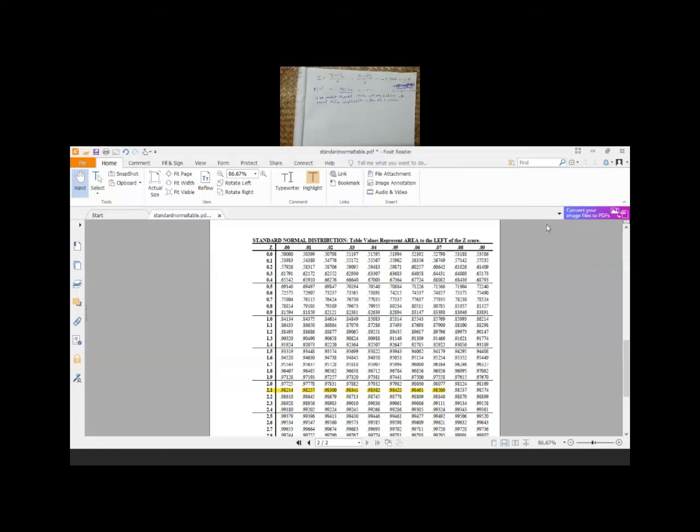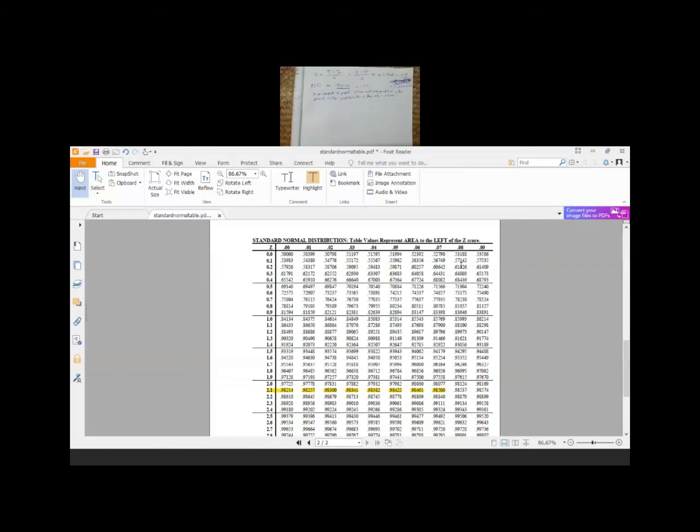Okay, fine. Thanks for volunteering. I am asking you to find out, if z equals 1.78, what will be the value of the probability? 0.96246. Very good. So the probability will be 96.25%. Okay, very good. Thank you very much. Okay, now rest of the class.